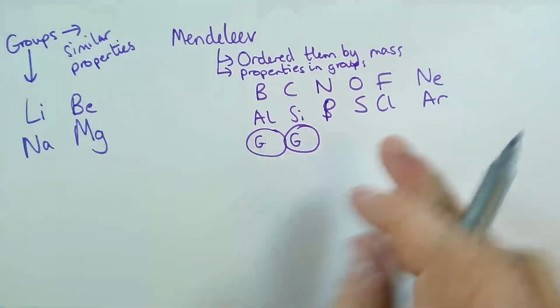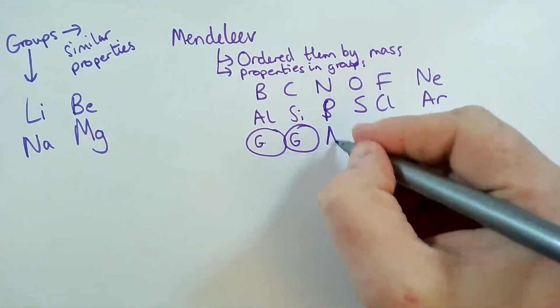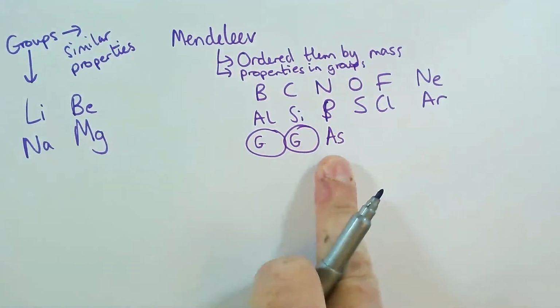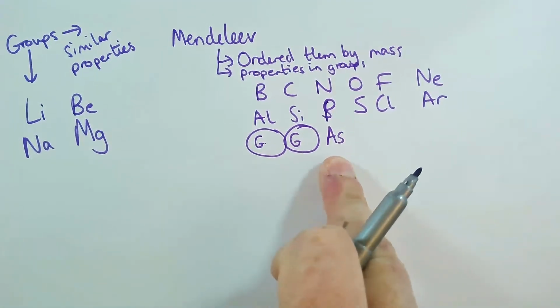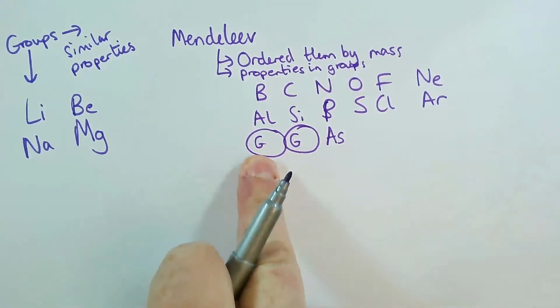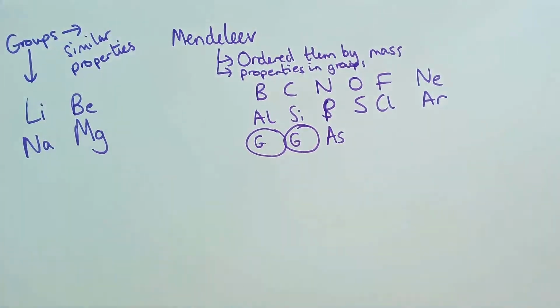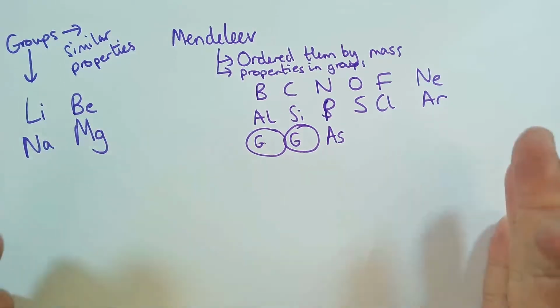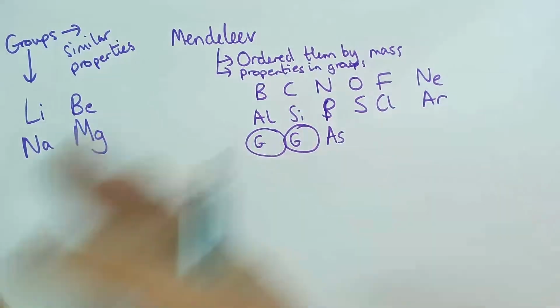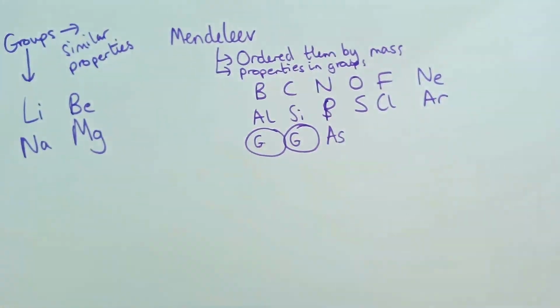He realizes that the next one along, which is actually arsenic, a toxic non-metal, doesn't fit here. So he's like, if I'm doing it by mass and now I'm underneath and I've said that the properties are there in groups, that should fit.